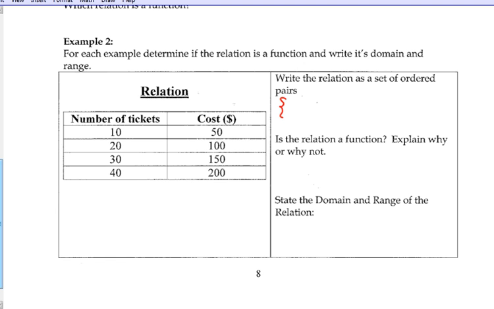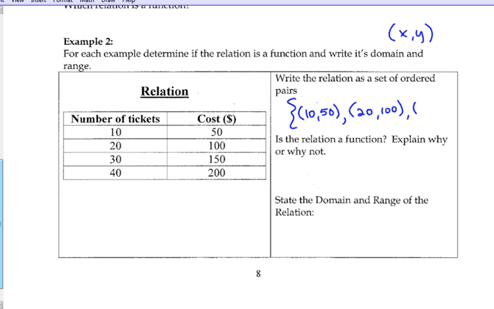Okay, give me one ordered pair. 10 and 50. We're on page 8. Okay, try that again. 10 and 50, with another ordered pair, 20 and 100. Each ordered pair is always x comma y, and we put a comma in between each ordered pair. So 10 comma 50, 20 comma 100.